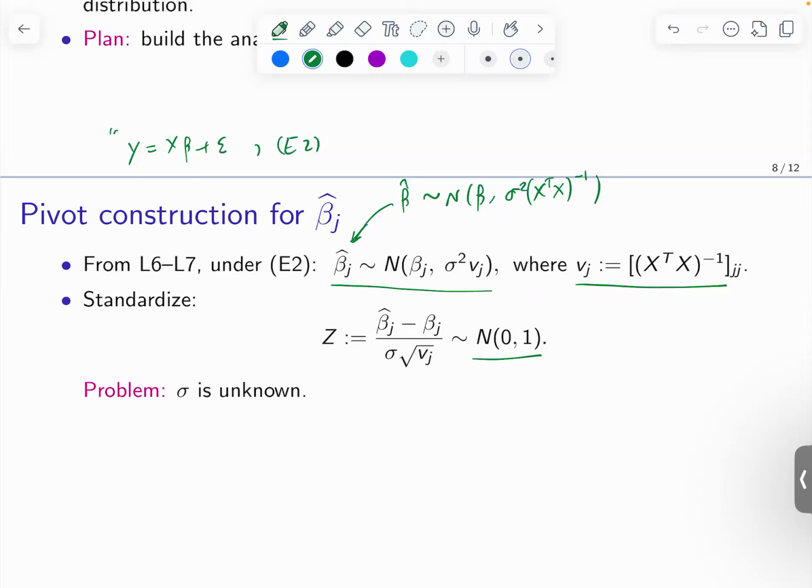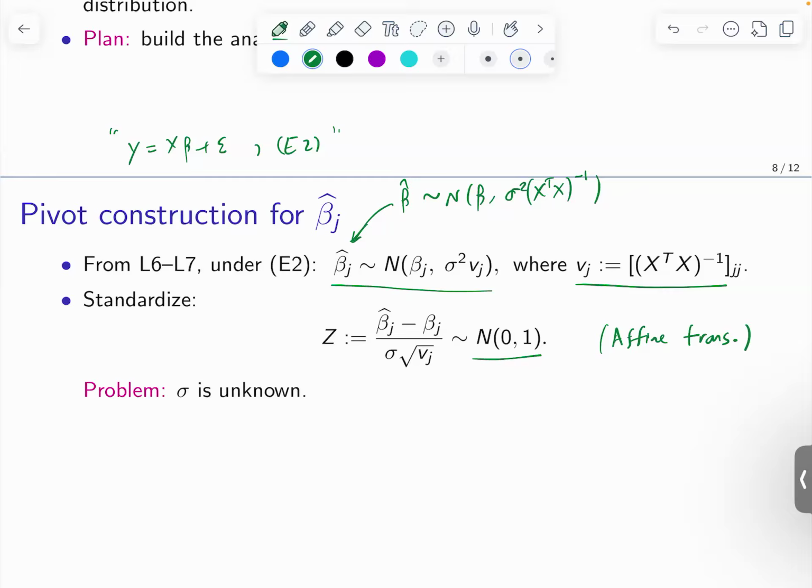So under these two assumptions, this is true, and this is an example of the affine transformation property. If you want to state it in the language of this course, this is an affine transformation of the vector beta hat, or the scalar beta hat j, and so it has to have a normal distribution. We can just compute the mean and the variance, and it should be easy for you to do. So this may look like a pivot, except that I don't know sigma.